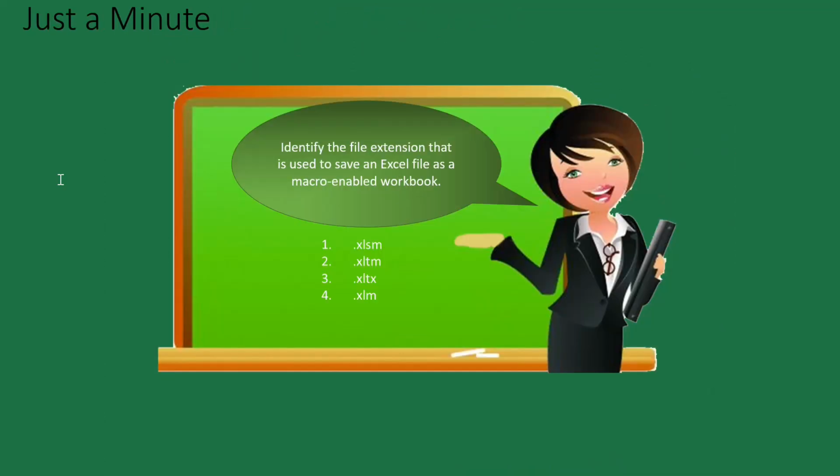Identify the file extension used to save an Excel file as a macro-enabled workbook. The Excel file extension you know is .xlsx, right? But for macros the file extension is .xlsm. I will show you practically when we save the file, and we will check the file extension as well.